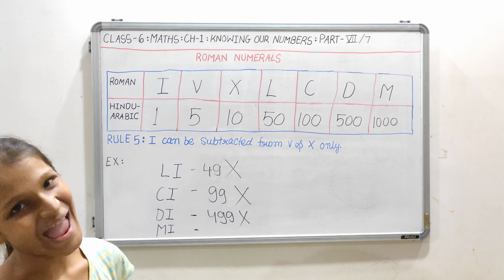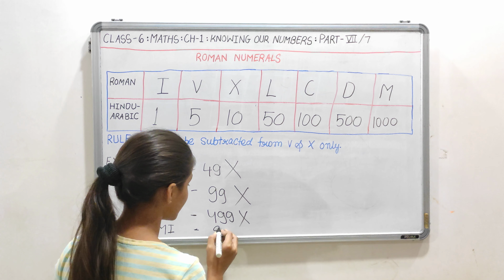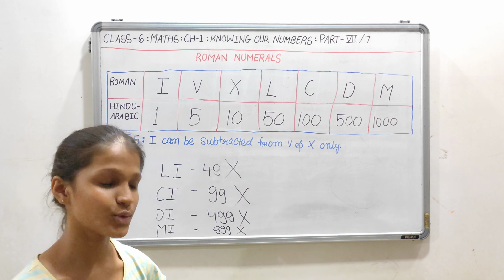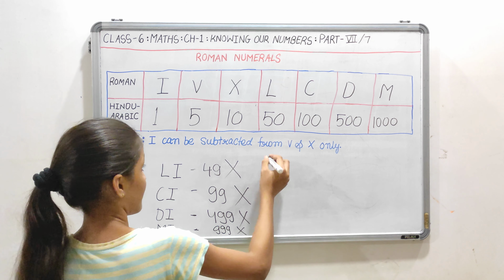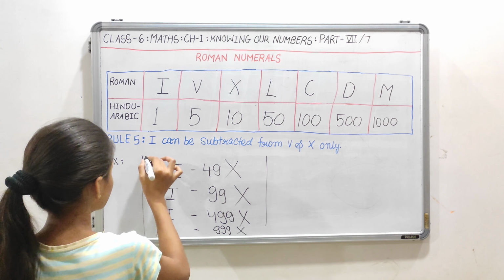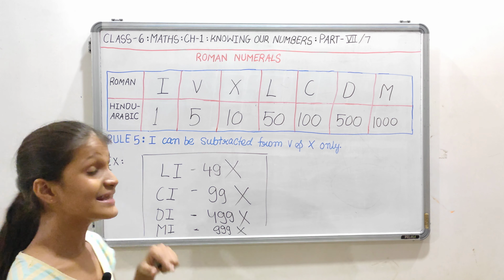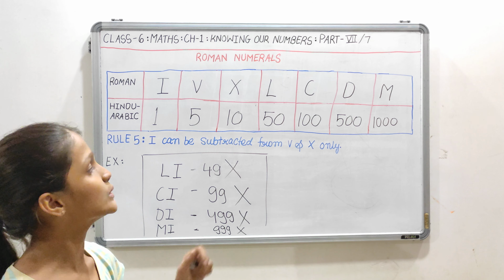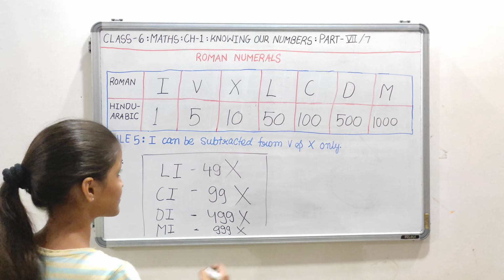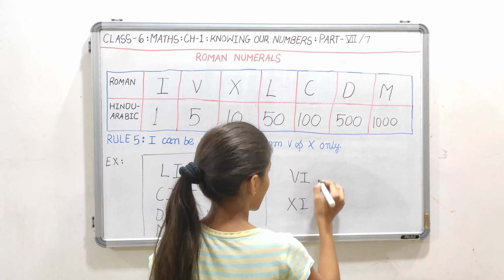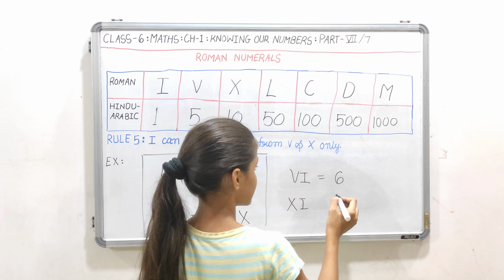And if you think MI equals 999, then sorry, again you are wrong. Because according to the rule, I can never be subtracted from any symbol excluding V and X. That means if we put here IV and IX, then our answer would be here 6.